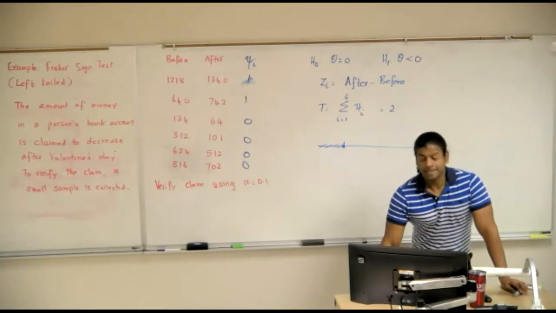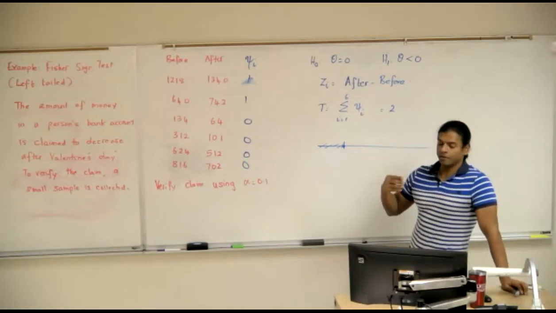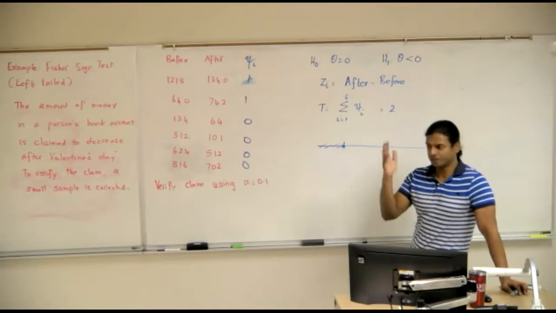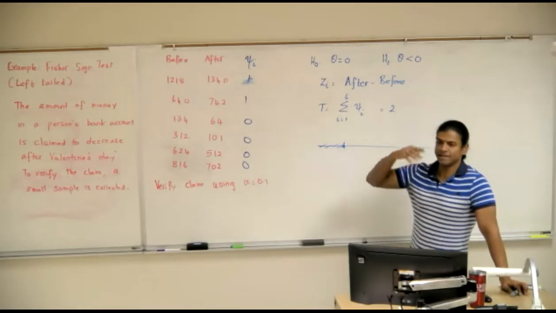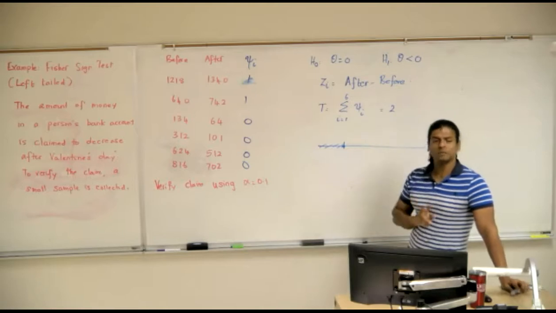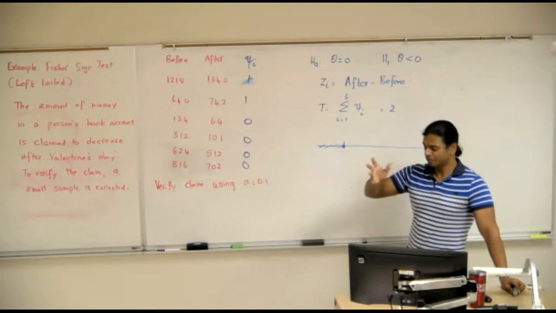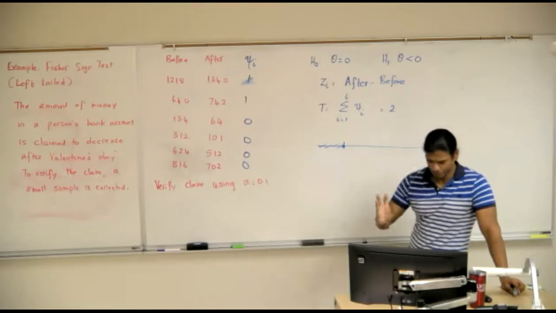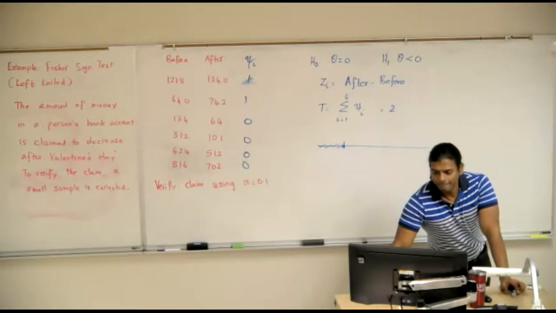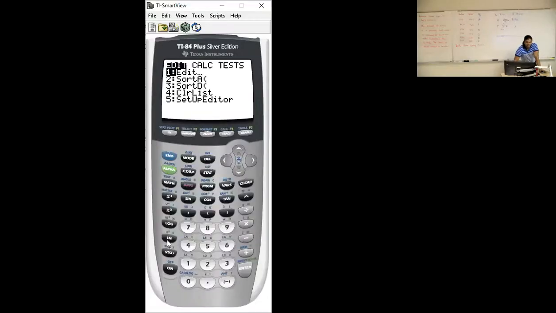Since this is an exact test, we know the exact null distribution, which is binomial. N in this case is 6. P is always 1/2, because under the null we expect to have positive and negative signs in a 50-50 proportion. So in list 1, since n is equal to 6, the possible values are 0, 1, 2, 3, 4, 5, 6.